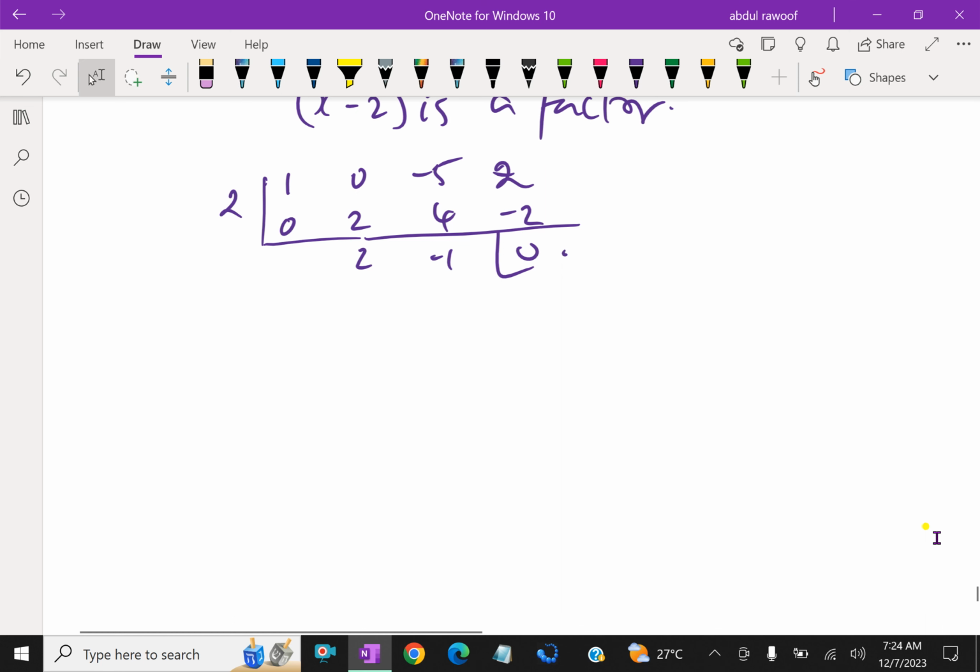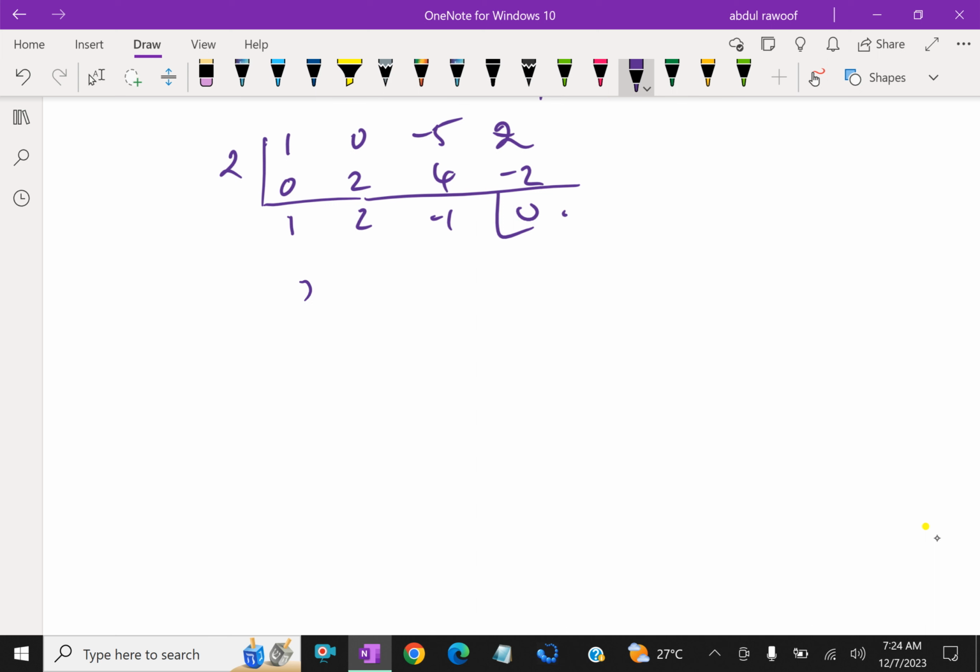Then x square plus 2x minus 1 is the other factor.